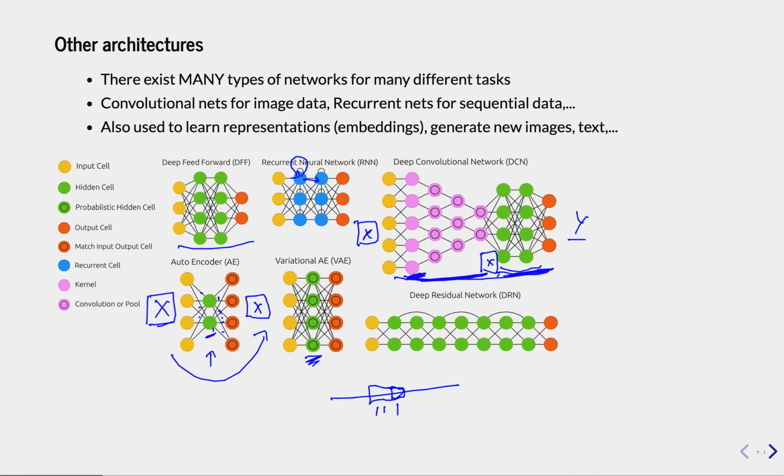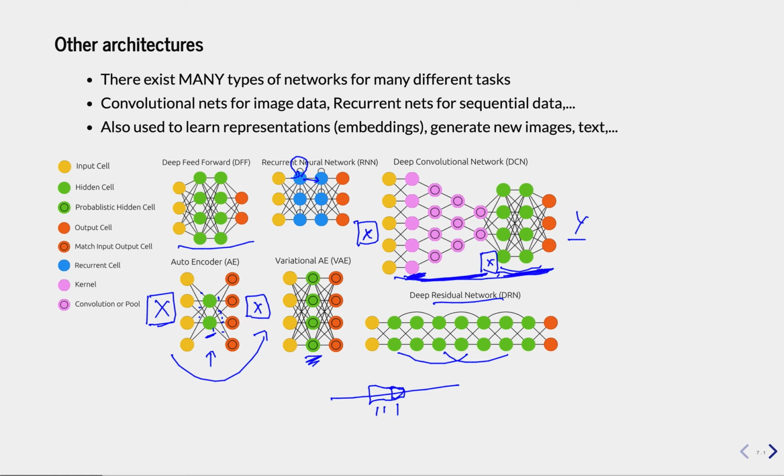We also have deep residual networks, and these are special because they have skip connections. So they don't only connect to the next layer, but they also have these connections that skip across layers. And this can be helpful to keep in mind some patterns that are in the data, but that may get lost in the layers, right?